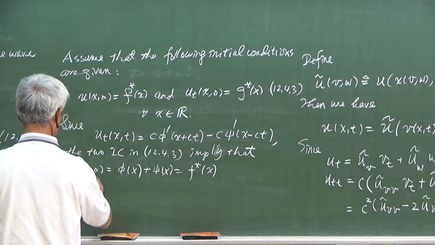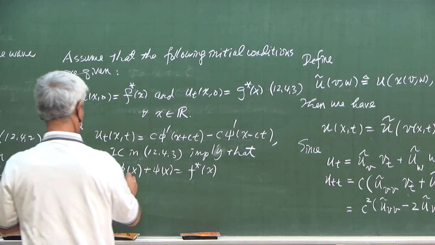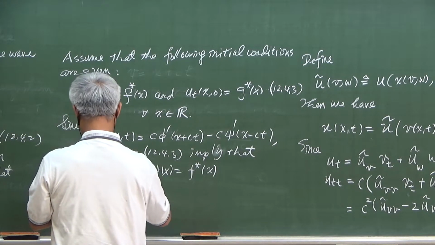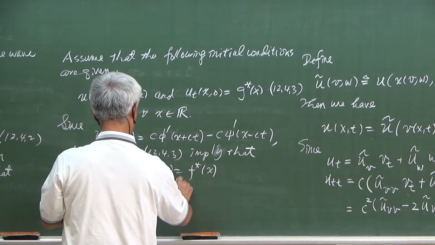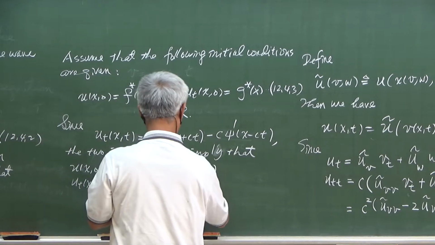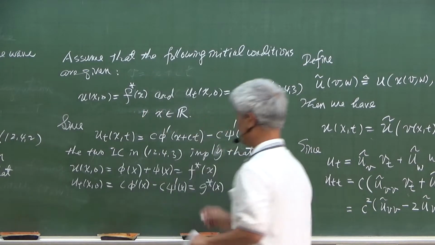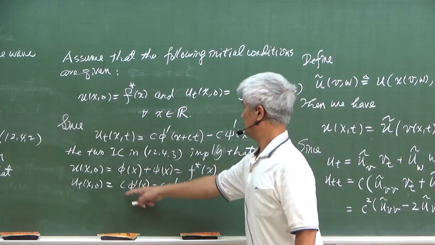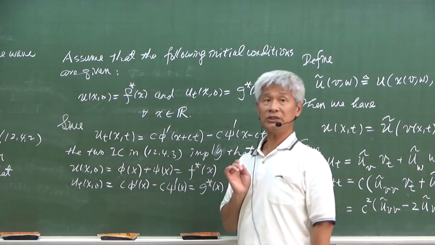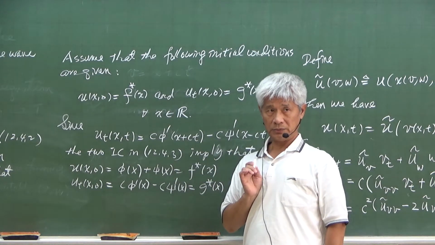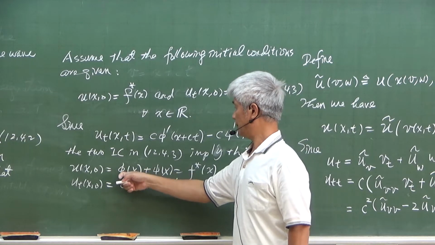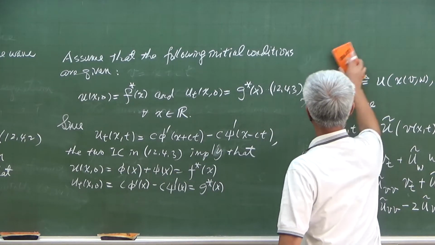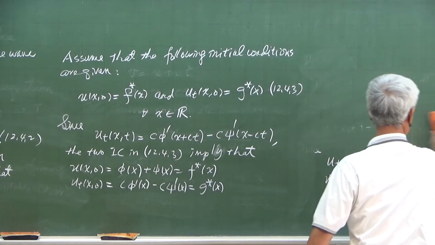For u_t of x, 0, we have c phi prime x minus c psi prime x equal to g star x. So we have these two equations to determine phi and psi, from the two initial conditions.